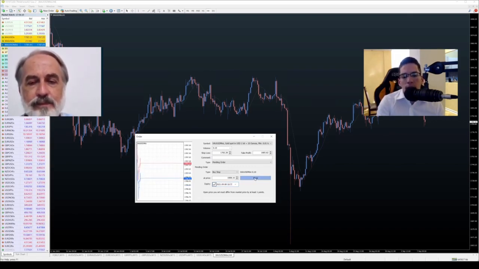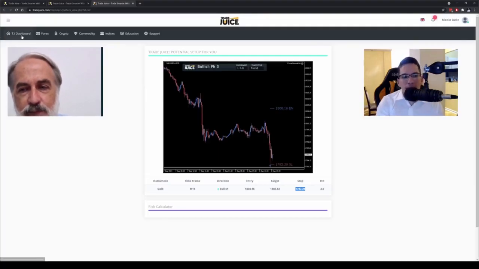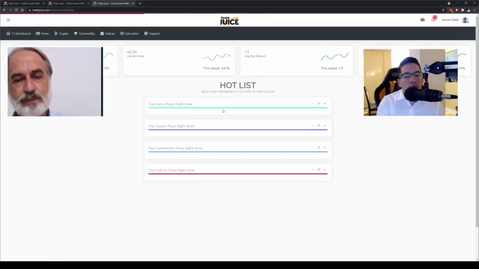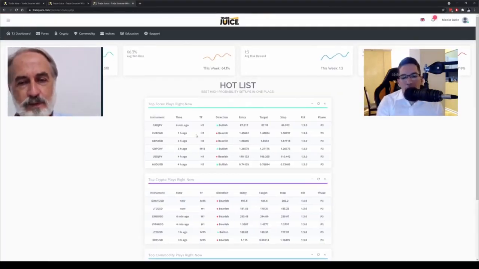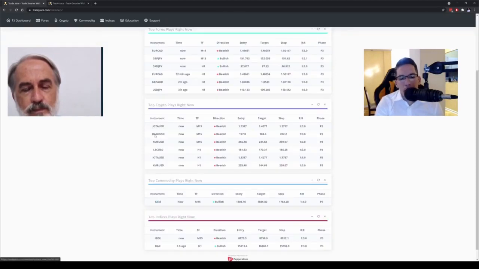So just to be clear, Nicola, this is just an image, you're not trading on somebody's platform. This is all just directions: where to enter, what the chart would look like when you open it up on your own MT4 platform. Yeah, exactly.